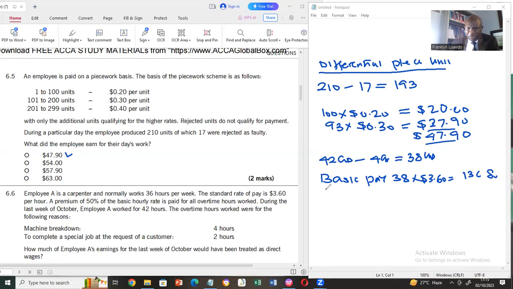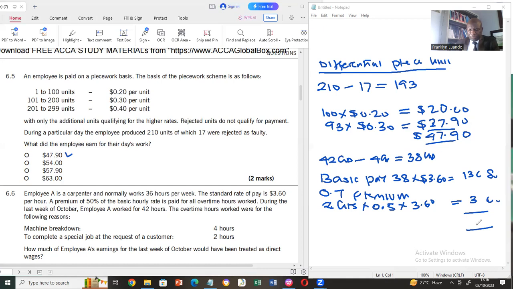Overtime premium. The overtime premium will be on 2 hours, multiplied by 50%, multiplied by 3.6. So 3.6 at 50% will be 3.60.